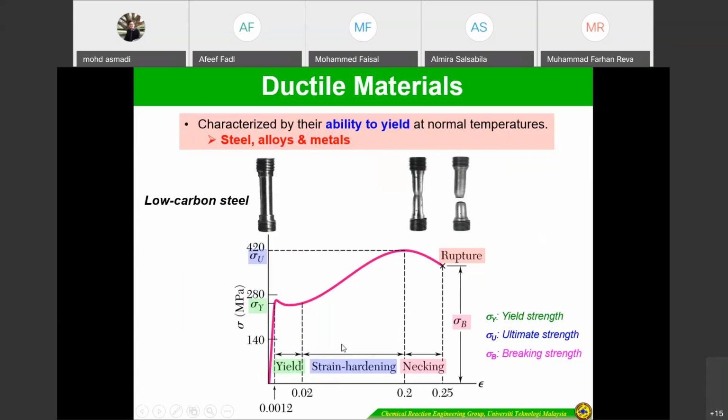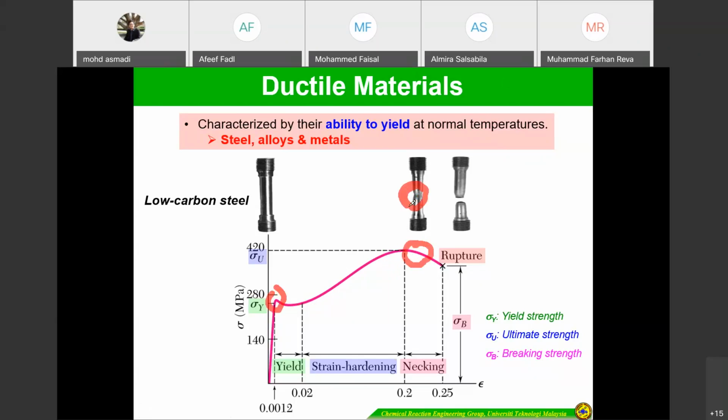This is the strain hardening region, and then there is the necking. If you look here, there's a neck shape. This one is the critical value, and this one is the necking.